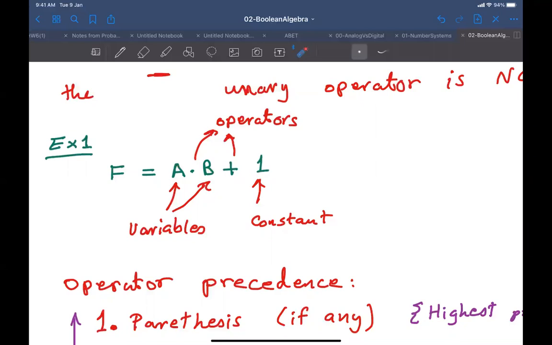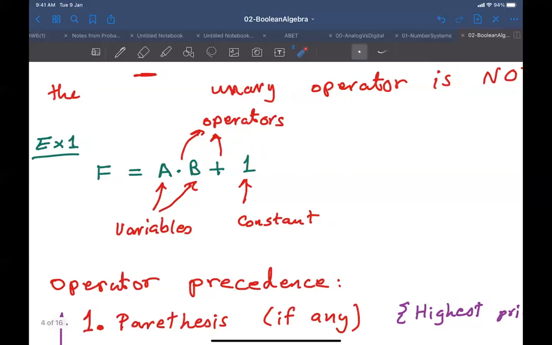If we do B ORed with 1 first, and then AND the result with A, we'll get a different expression. The correct way of doing it is A ANDed with B and take the result and OR it with 1. This is the correct operator precedence.